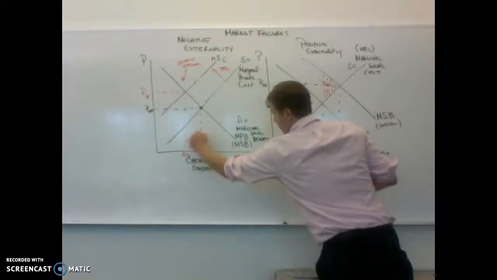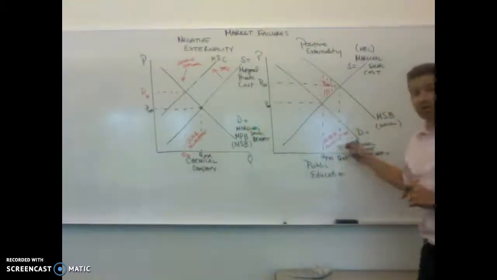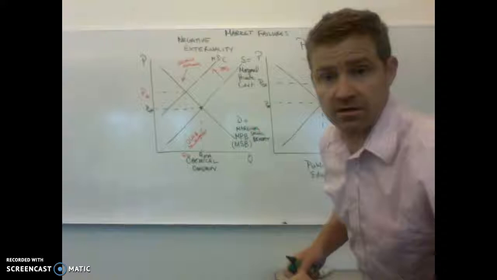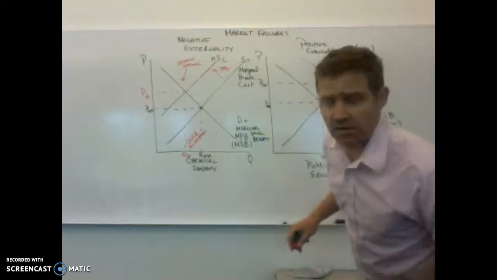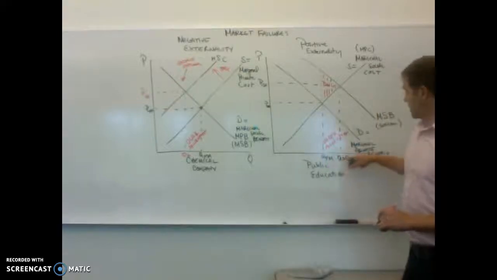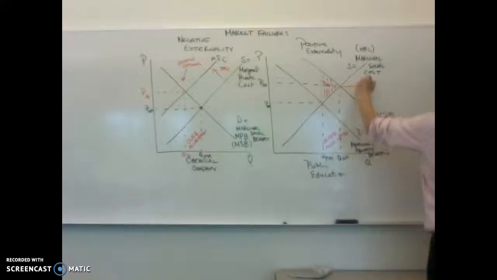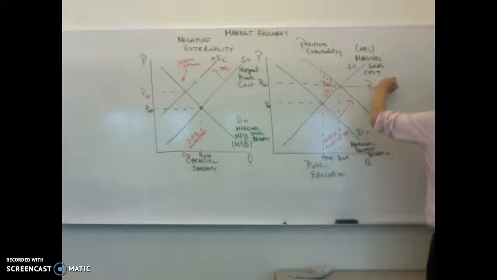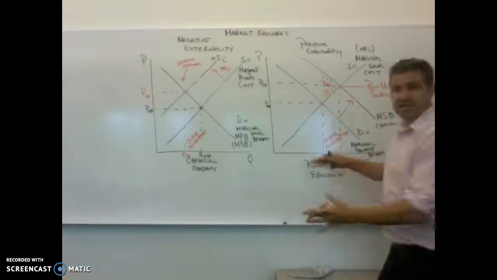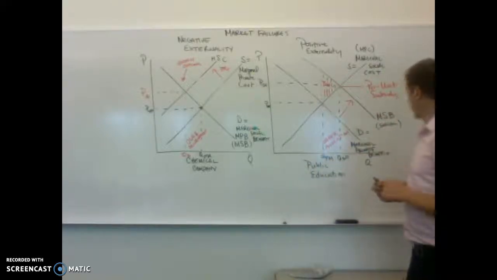We're over-allocating to the market chemicals, and we're under-allocating education, right? So one way to do this is a per unit subsidy. So we subsidize public education in order to get that quantity higher, okay?